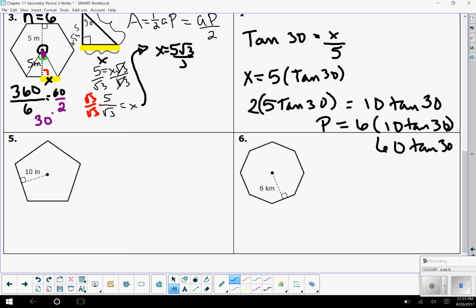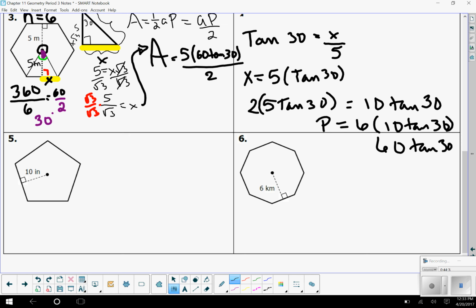Okay, so your area would look like your apothem, which is 5, times 60 tan 30, divided by 2.